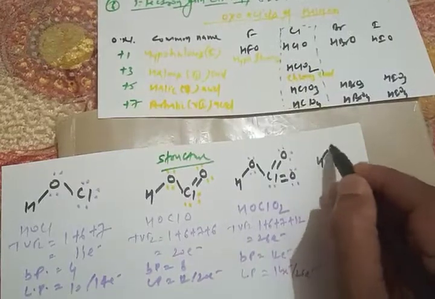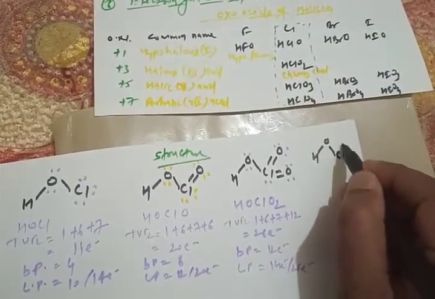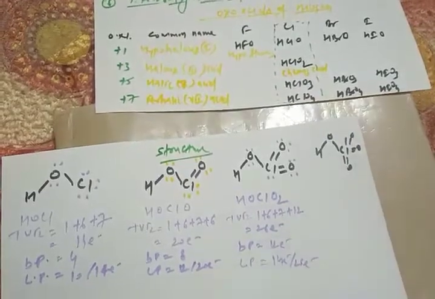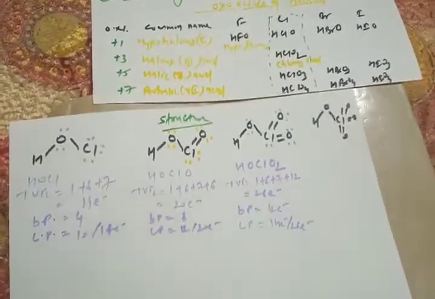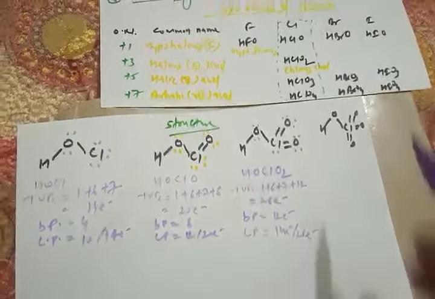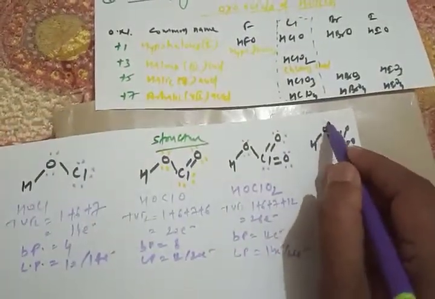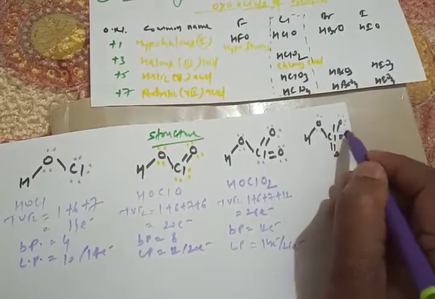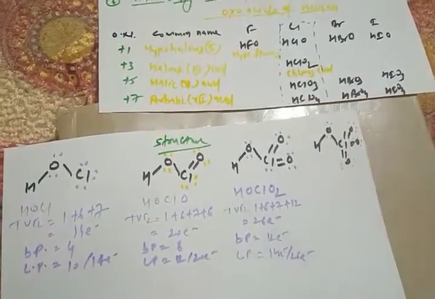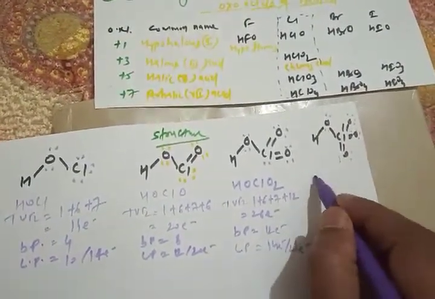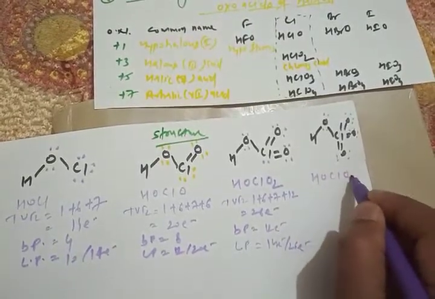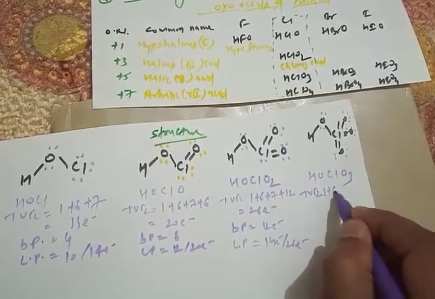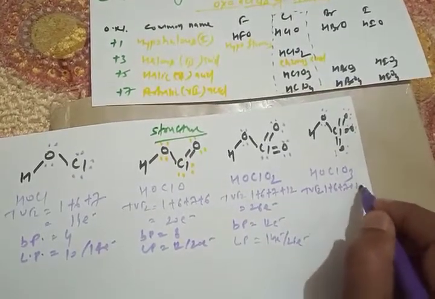So H O Cl, double bonded O, double bonded O, and double bonded O. So now the three lone pairs at the chlorine are completed by the three oxygen atoms. So the formula here is HOClO3. Total valence electron in this case 1 plus 6 plus 7 plus 18.